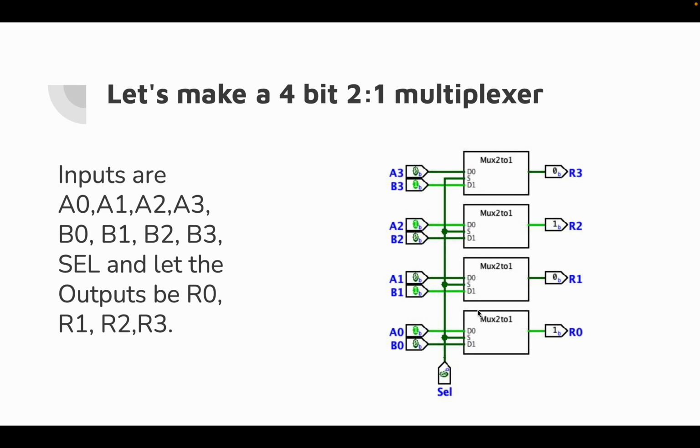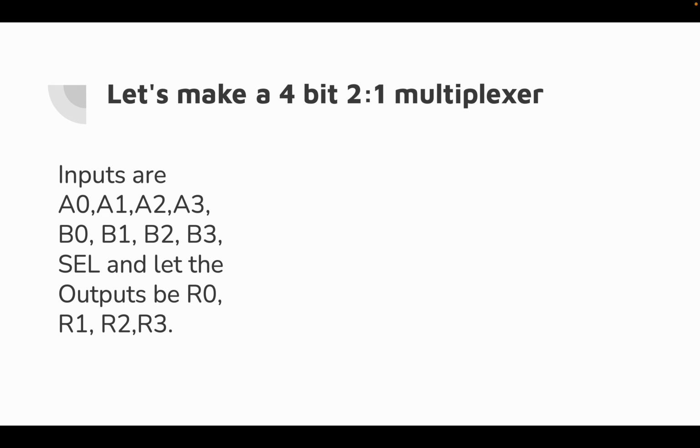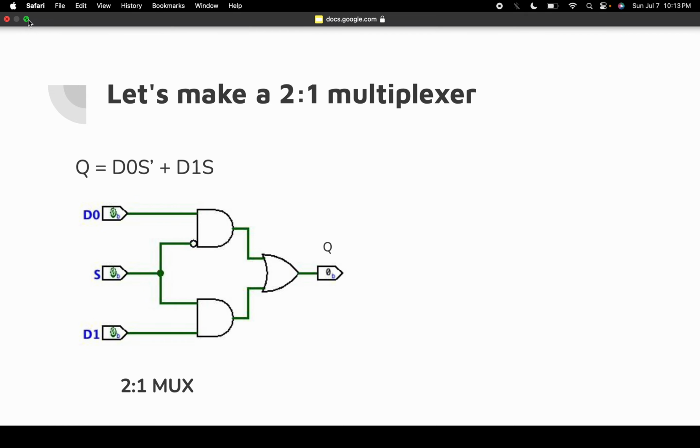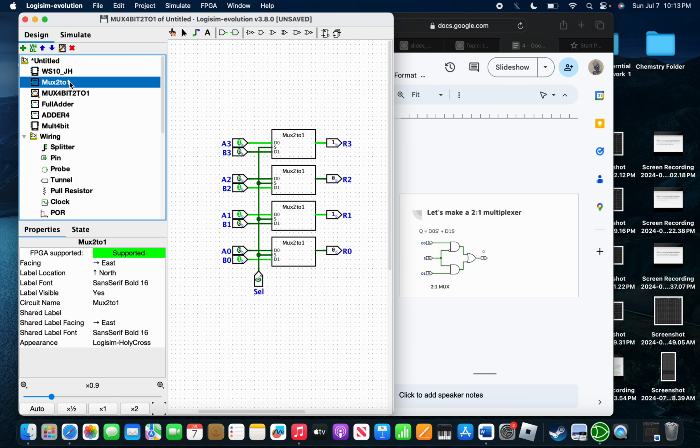But when selection is 1, it would be anything of B values. And then it works the same way back here. When selection is going to be 0, it's only going to be outputting the 0 values. And then when selection is 1, it's going to be selecting the 1 values down here. And I'll be showing you guys in Logisim.